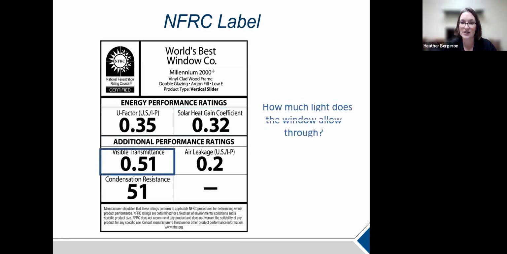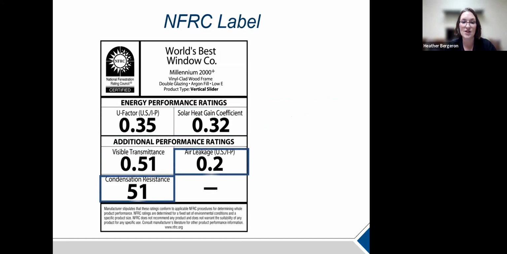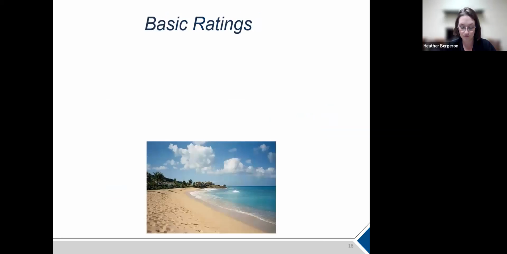And our visible transmittance is how much light the window allows through. Also, you have some other numbers here for air leakage and condensation resistance. Just some basic ratings in regards to fenestration products.